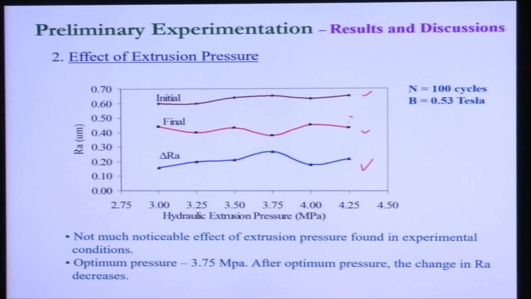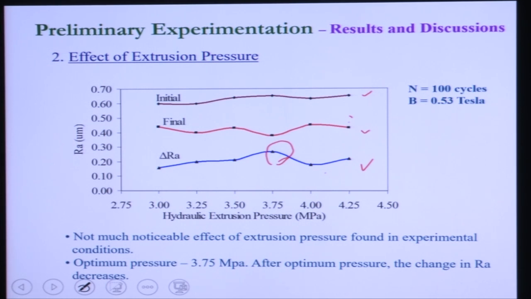At the optimum pressure, you can see the maximum change in surface roughness at 37.5 bar pressure, which is why all the MRFF experiments are carried out at 37.5 bar pressure. After the optimum pressure, the change in surface roughness decreases again.